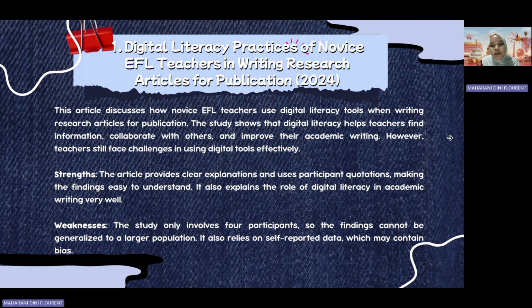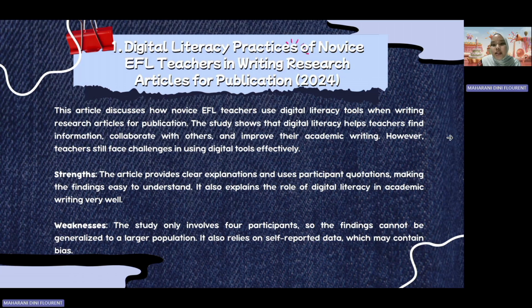The researchers found that digital tools help teachers search for information, communicate with colleagues, and improve their academic writing. Digital literacy makes the writing process easier and more efficient. However, the study also shows that many teachers still have difficulties using digital tools effectively.